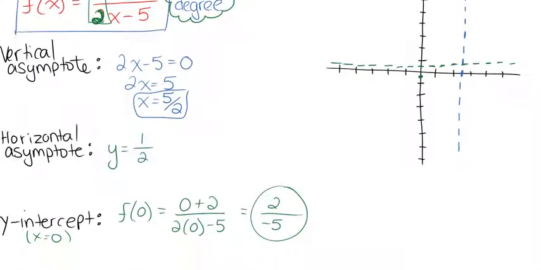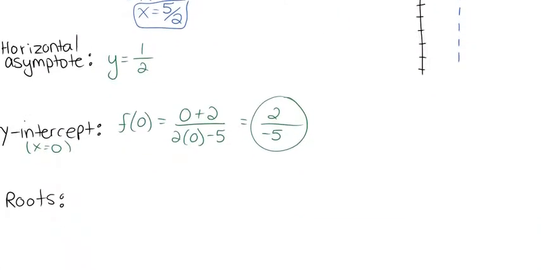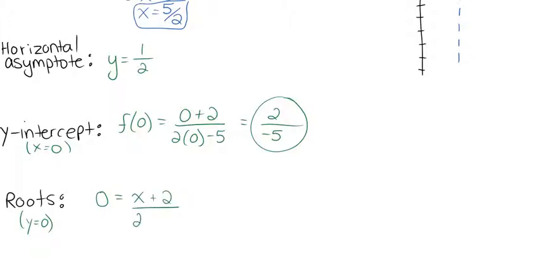And finally, let's find our roots, also known as our x-intercepts, and that's when y is equal to 0. So we take our expression, set y equal to 0, and have 0 = (x + 2) / (2x - 5).